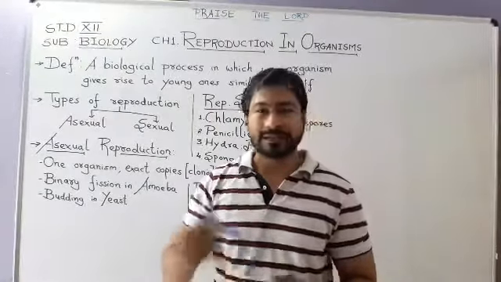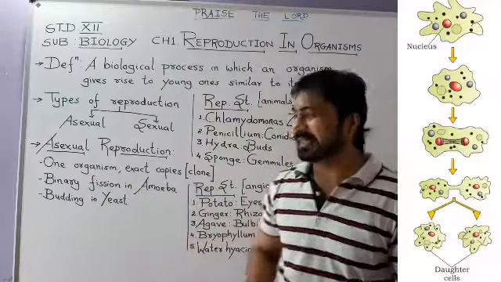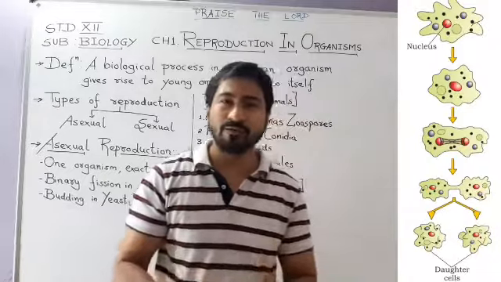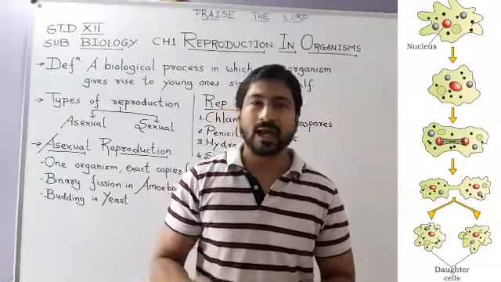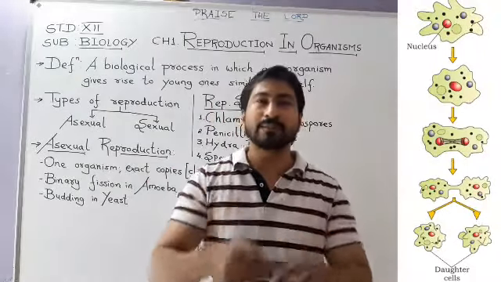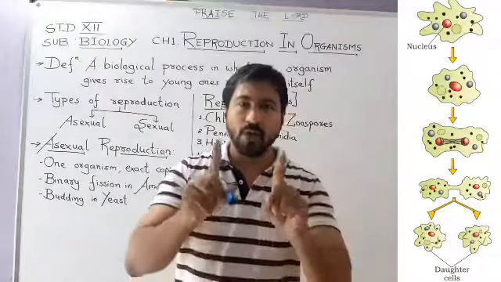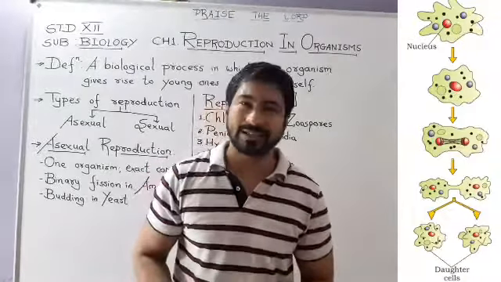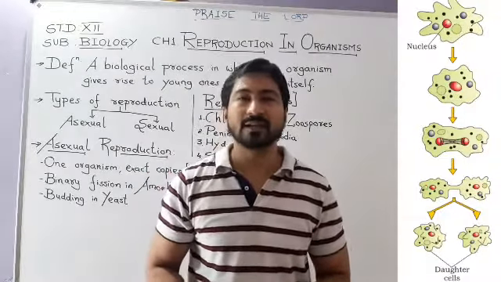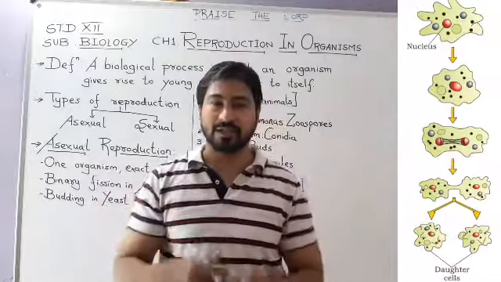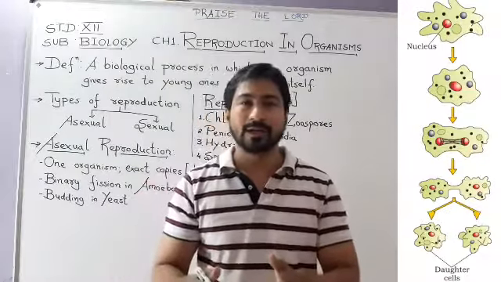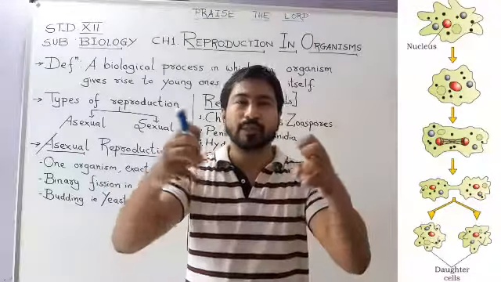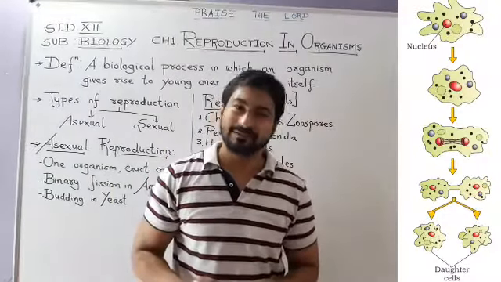The most common is binary fission in the case of the amoeba. Now, the amoeba undergoes two types of division. First of all, the nucleus undergoes division, known as nuclear division. And later on, by the grooves of the membrane, the cytoplasm also gets divided.